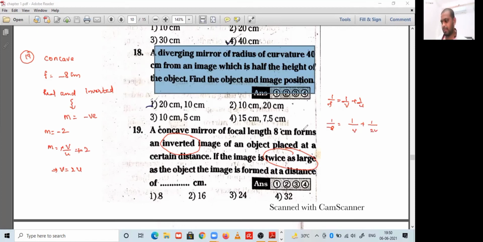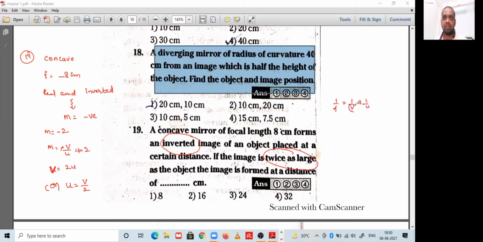Actually, we need to find the object distance now. So v is equal to 2u. 1 by f is equal to 1 by v plus 1 by u.